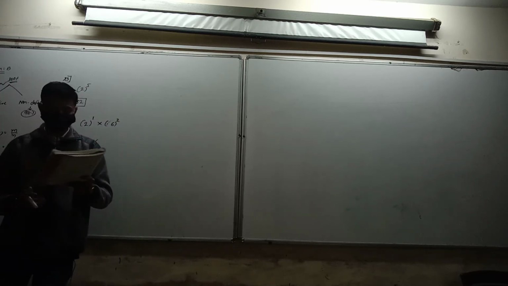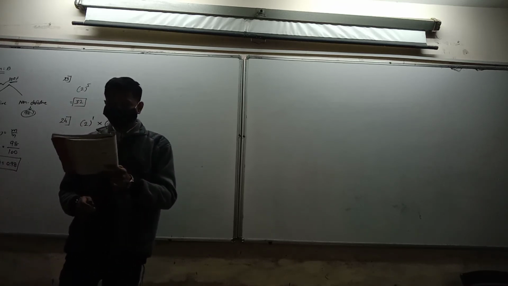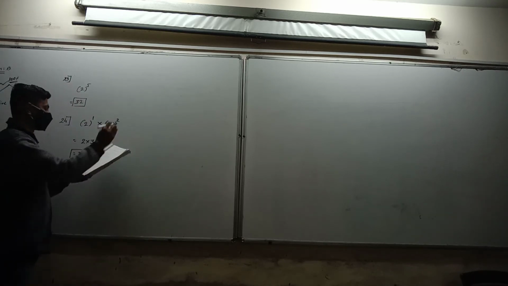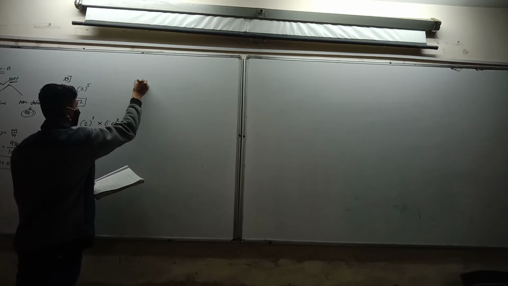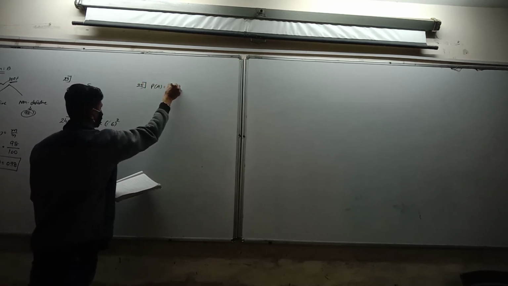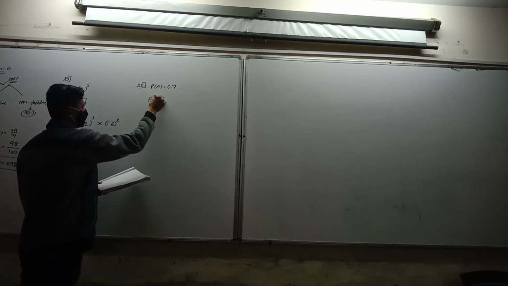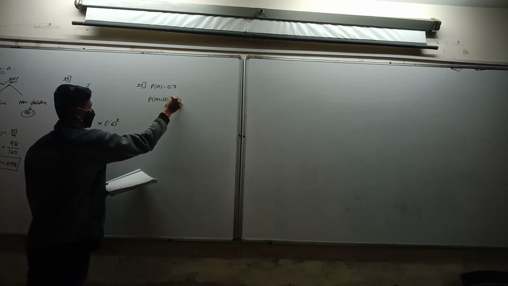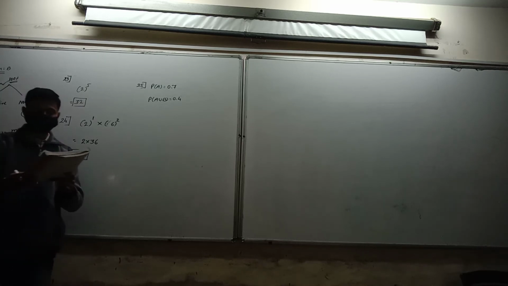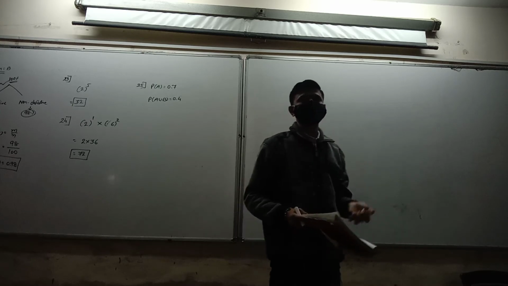Now next, 25. Is it possible that P of A is equal to 0.7 and P of A union B is equal to 0.45 for two events A and B in a sample space?